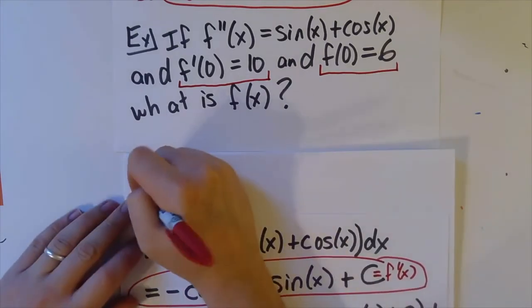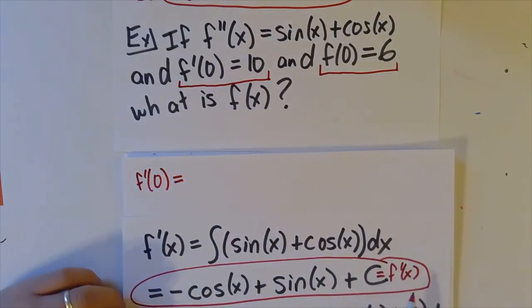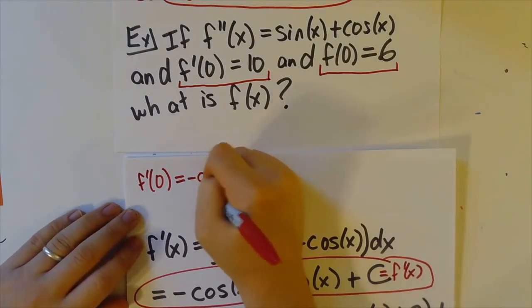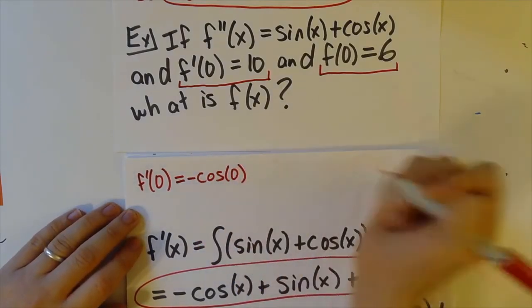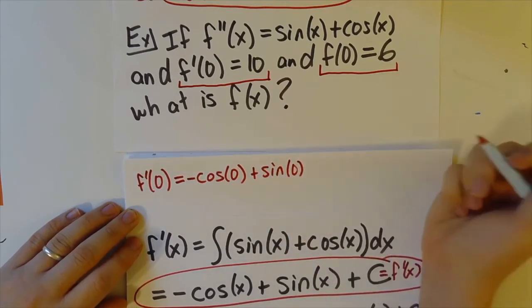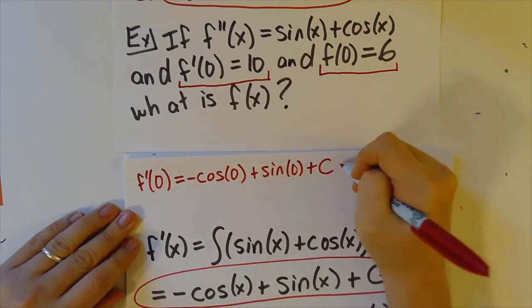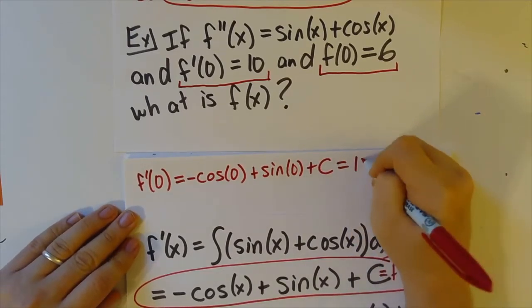So f prime of 0 is, okay, so it is minus the cosine of 0 plus the sine of 0 plus c, and that is supposed to be 10.